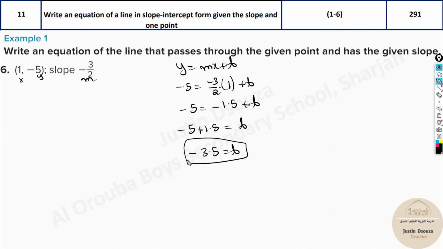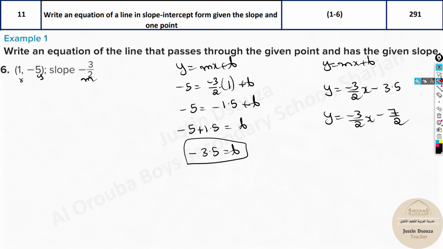I hope this is clear. Next part, same thing. Y equals mx plus b. All you do is substitute only m value, that is negative 3 by 2, x plus what is b? It is negative, so I'll write minus 3.5. Now what if this option is not there? If you put 3.5 in the calculator, you will get 7 by 2, which is y equals negative 3 by 2 x minus 7 by 2.